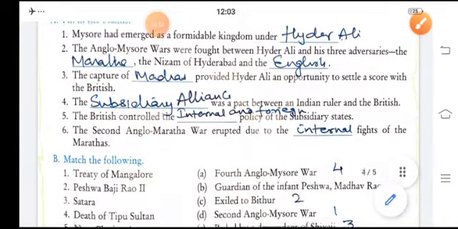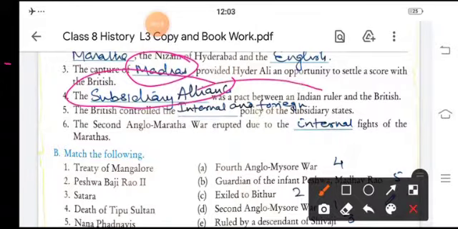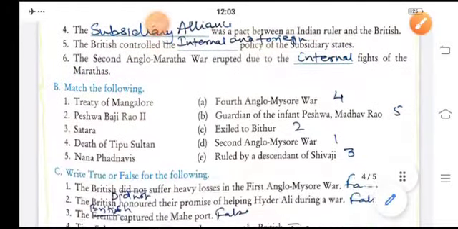Third, the capture of Madras provided Hyder Ali an opportunity to settle a score with the British. Fourth, fill in the blanks: the subsidiary alliance was the pact between an Indian ruler and the British. The British controlled the internal and foreign policy of the subsidiary states. The Second Anglo-Maratha War occurred due to the internal fight of the Marathas.